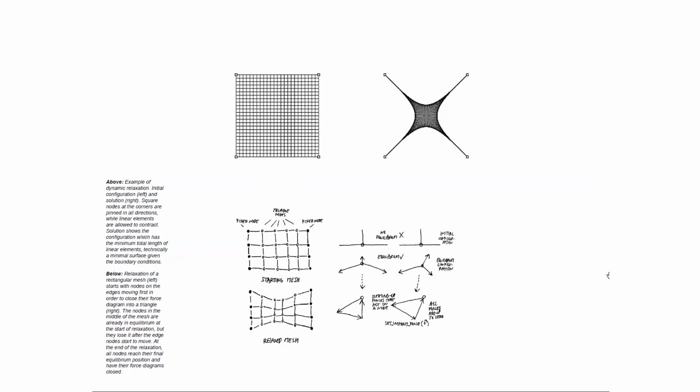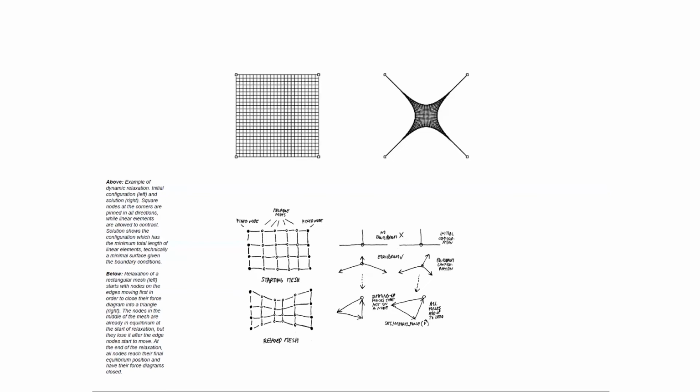Okay, so they have to all be out of alignment, and then when they deform, so this node moves toward the middle, this force diagram starts forming a triangle. The force diagram needs to be closed. Okay, so if you are familiar with graphic statics, this is how you calculate forces in the nodes.